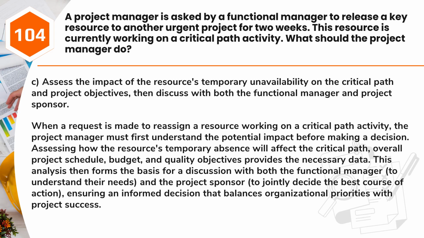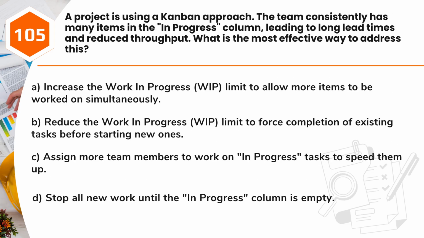Assessing how the resource's temporary absence will affect the critical path, overall project schedule, budget, and quality objectives provides the necessary data. This analysis then forms the basis for a discussion with both the functional manager, to understand their needs, and the project sponsor, to jointly decide the best course of action, ensuring an informed decision that balances organizational priorities with project success.